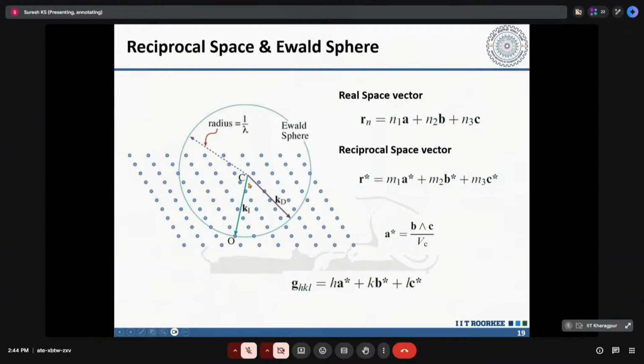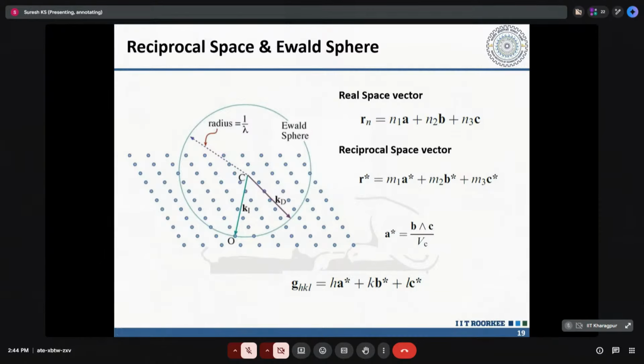This imaginary sphere has a radius equivalent to 1 over lambda, and Ki indicates the incident X-ray wave vector, and Kd relates to the diffracted wave vector. The difference between Kd and Ki relates to G_HKL, the diffracting vector given by H A star plus K B star plus L C star, where HKL are the Miller indices for the particular plane undergoing the diffraction event.